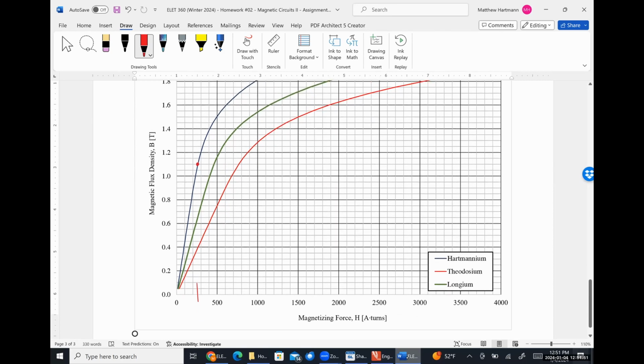I bet my magnetizing force is supposed to be amp turns per meter, but let me look at the units for H field really quickly just to make sure. Yep, H is usually measured in amps per meter, so that's the issue.